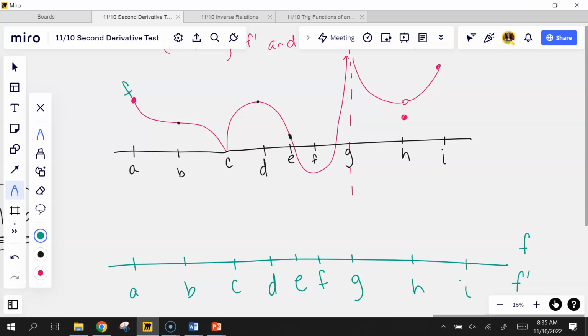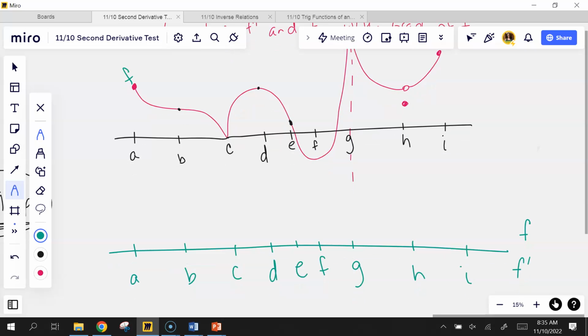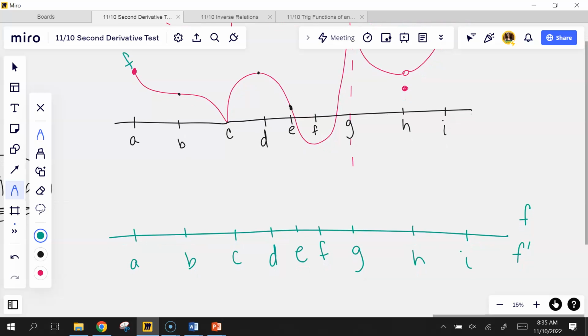Tell me what you know about A. It's an endpoint. What else do you know? It's a local max. That's exactly right. It's an endpoint and it's a local max.